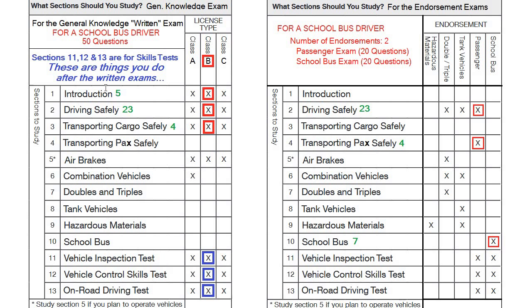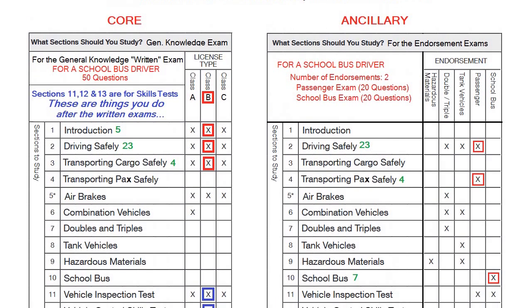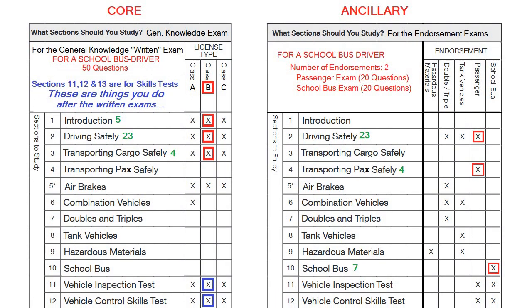So in this particular case, I've broken it down into 2 groups. You've got what I call the core. The core is your general knowledge written exam. That's 50 questions, okay? So we're just going to focus on what is required for a school bus driver. That's going to be a Class B license.